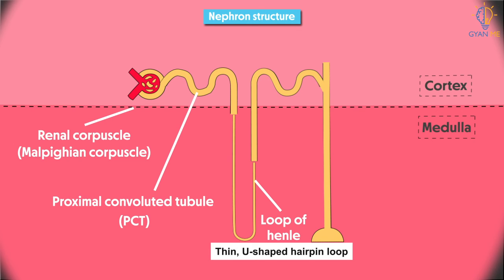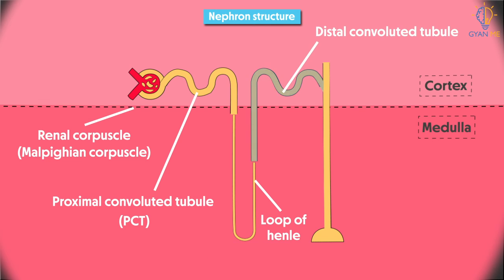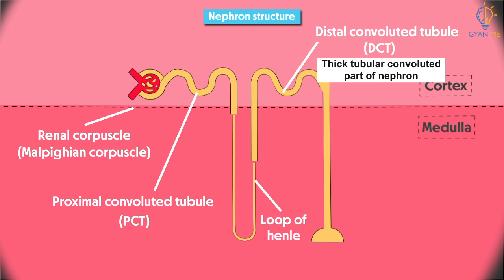This loop-like structure is also called the loop of Henle. The loop of Henle continues further as the distal convoluted tubule. As the name suggests, it is the part of the tubule which is at a distance, or away from, Bowman's capsule. It is again a thick, convoluted part of the nephron. It is also called DCT.